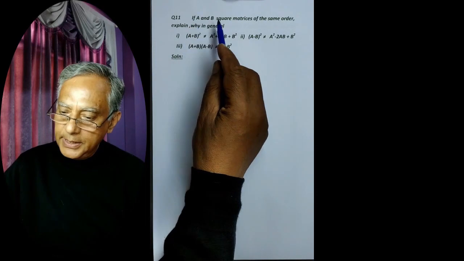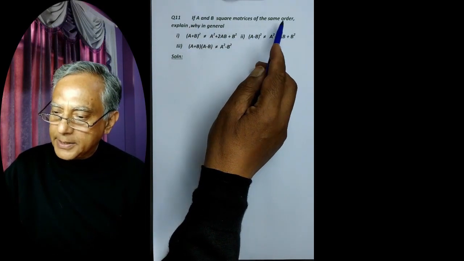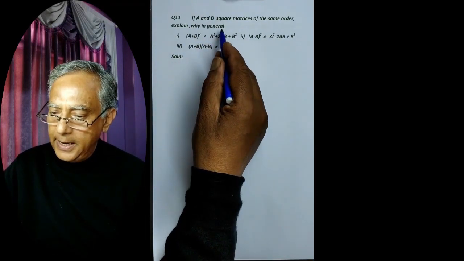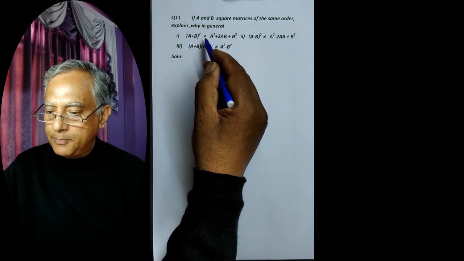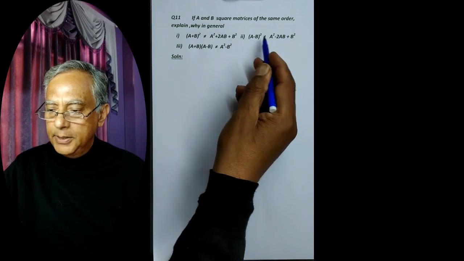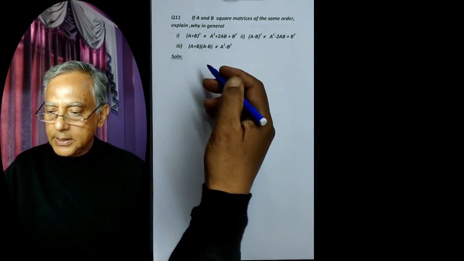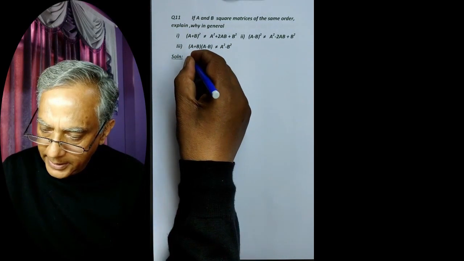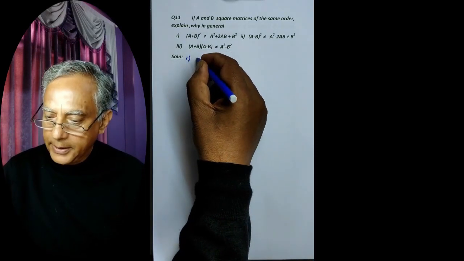Now next question is, if A and B are square matrices of the same order, explain why in general A plus B whole square is not equal to A square plus 2AB plus B square. This is not equal to this. I am taking up the first part.